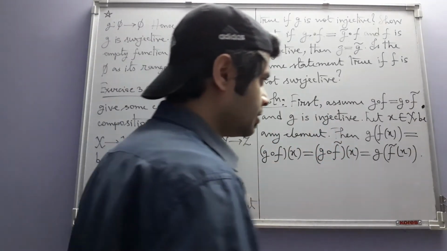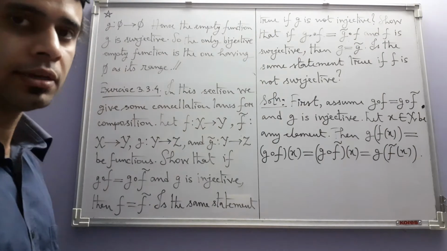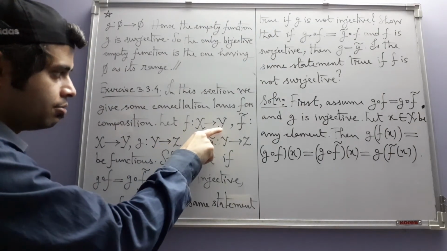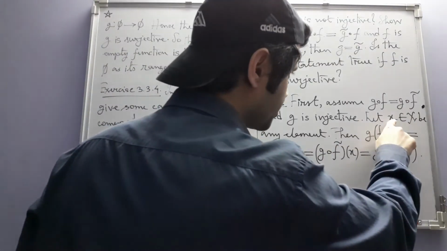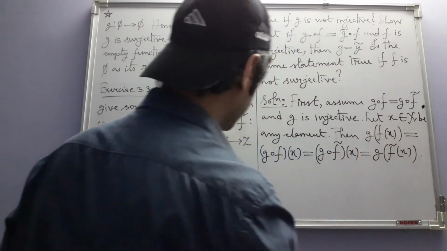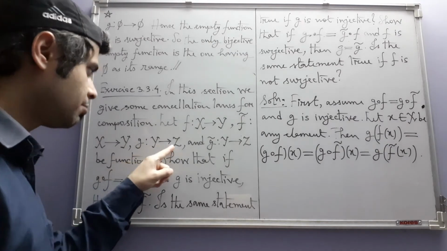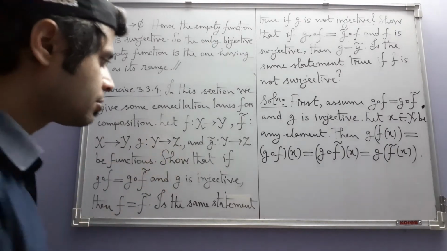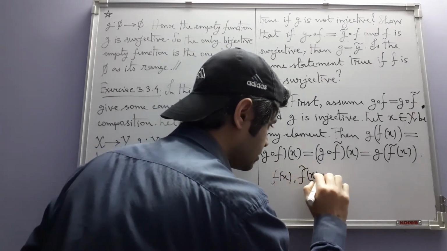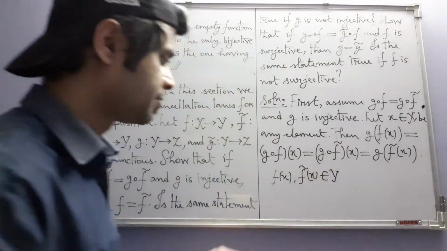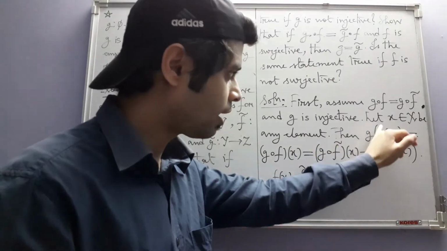Since G is injective, and these two things, this Fx and F tilde x, where are they? See, F maps X into Y and F tilde also maps X into Y. So, since x is in X, Fx and F tilde x are elements in Y, and G is a function from Y into Z. So we have got two elements, Fx and F tilde x in Y, and G has been applied on them, and the outputs are the same.